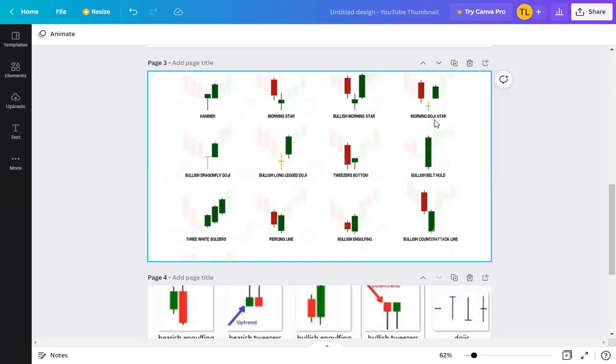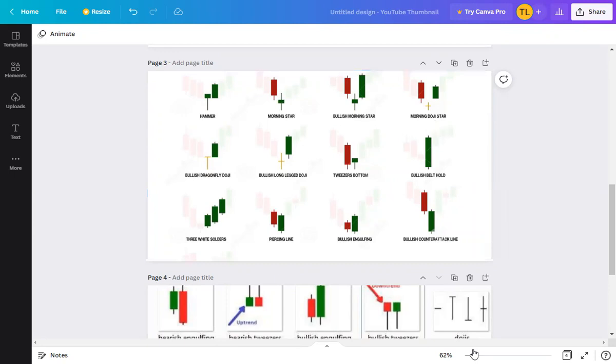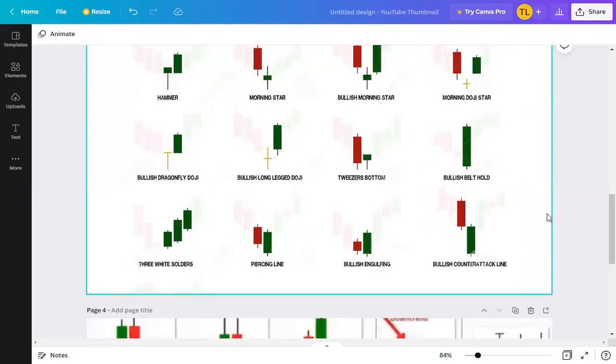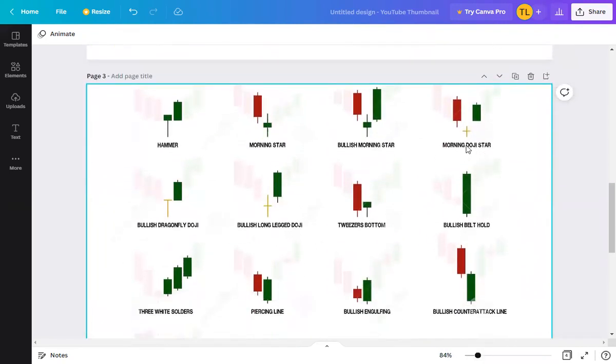For the morning star doji, it's called a morning star doji because it looks exactly like this same morning star pattern. But why is doji inside of it? You have a doji in it because you have this guy here, the doji, the indecision candle. I told you the doji gives you a signal telling you that this person has entered the market.